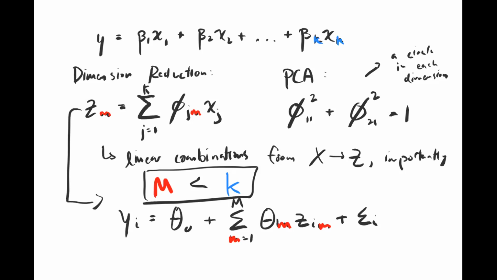And so the basic concept here is that you're reducing the number of predictors in your model.